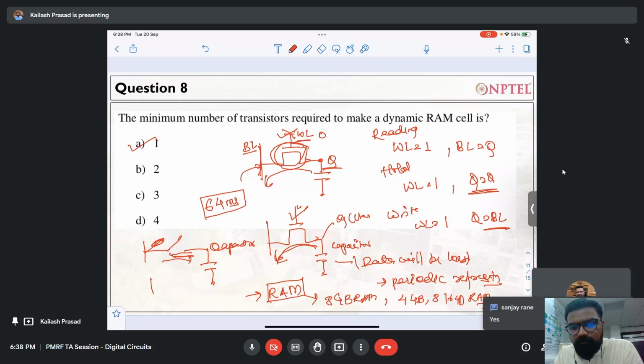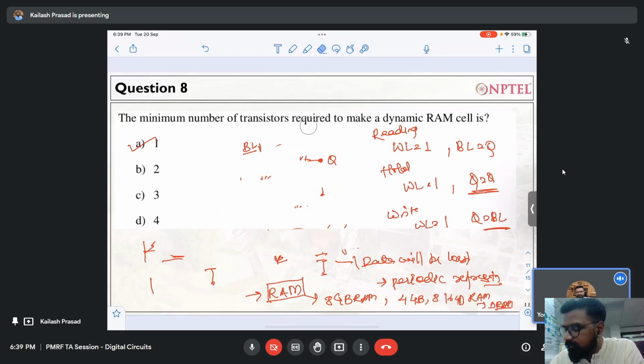So what is refreshing, and why do you refresh? See, the job of the memory is to hold the data, to store the data. So I will make this cell. The job of the memory is to hold the data over here.